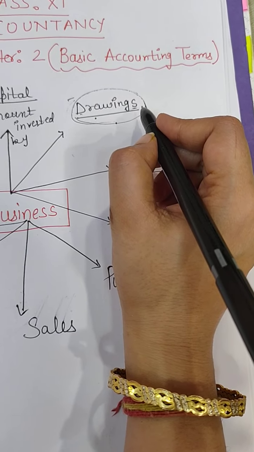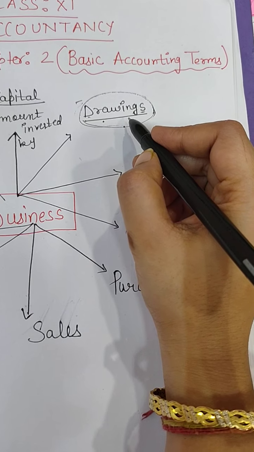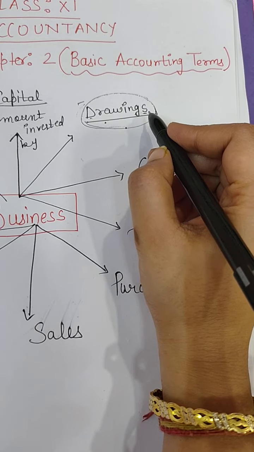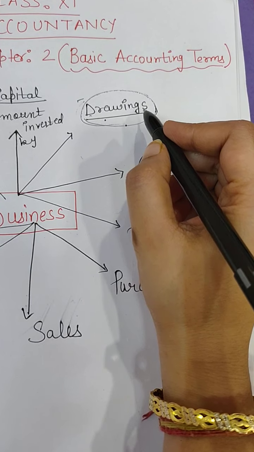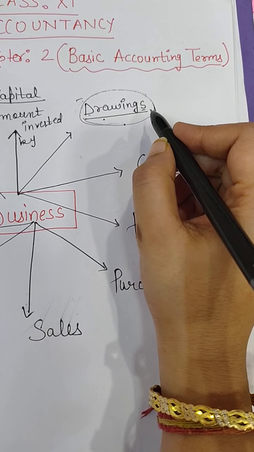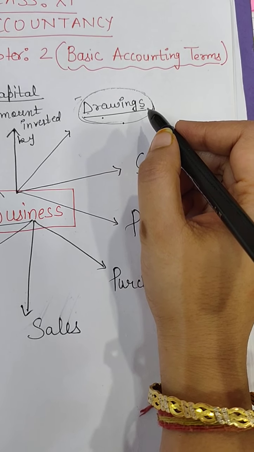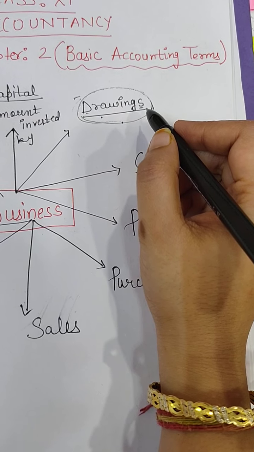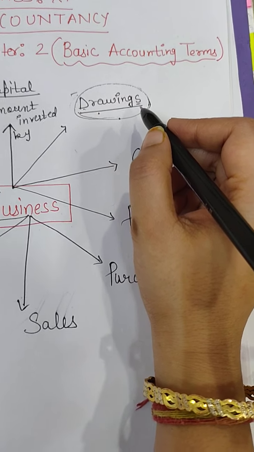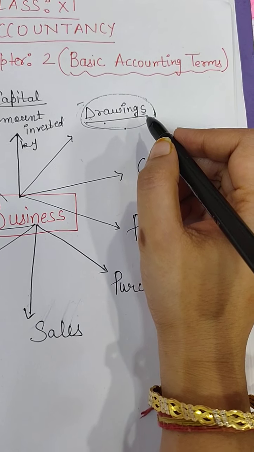Drawings means amount or goods. It doesn't mean that the proprietor can only take money, he or she can take some goods also. Goods means that for which we are operating the business. If I have started a furniture business, then furniture is goods for my business.